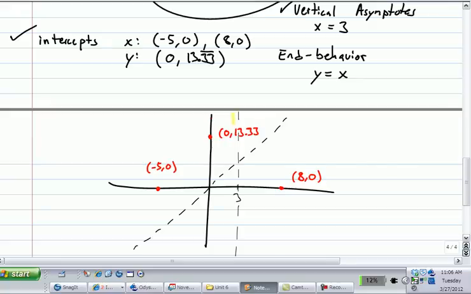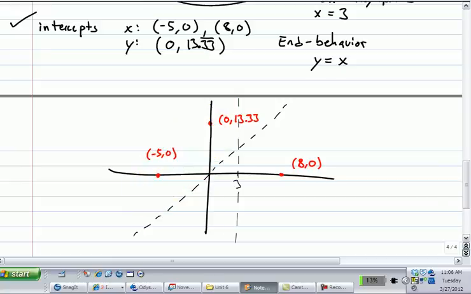To the left of the vertical asymptote, you can either be above the diagonal line or below it. Which one do you think it is? Above. You're always going to separate it based on your vertical asymptotes. So you could do the left first or the right. Is it the yellow or the blue? Yellow? Okay. You got the two points.